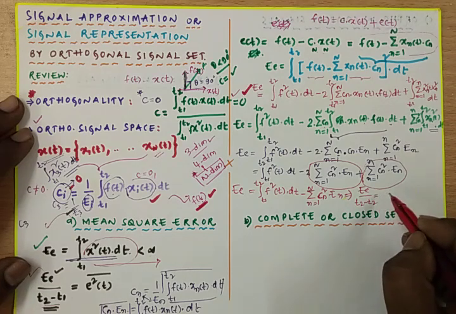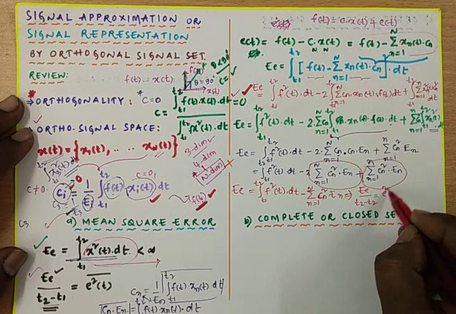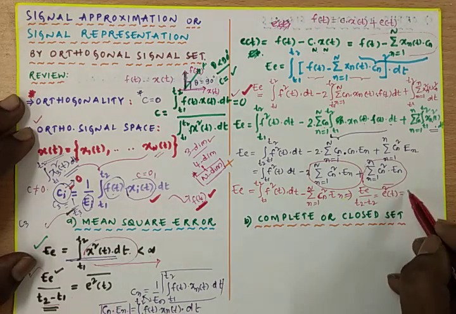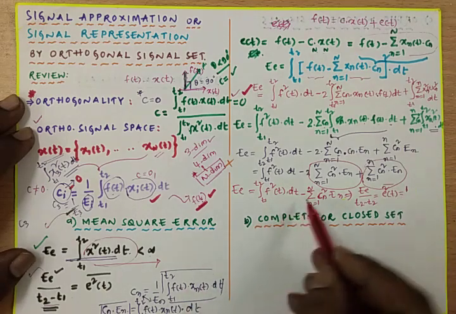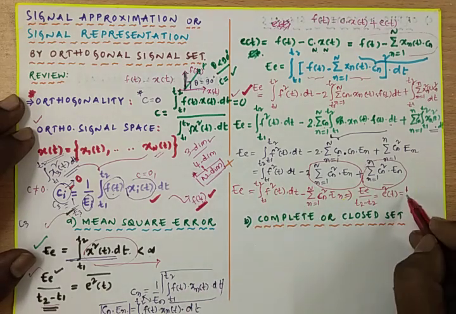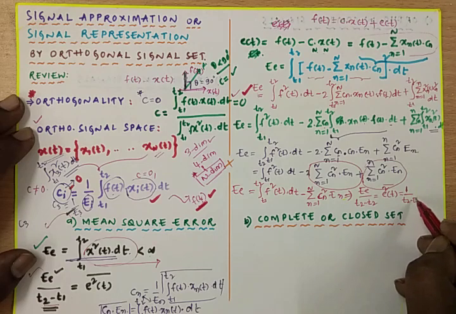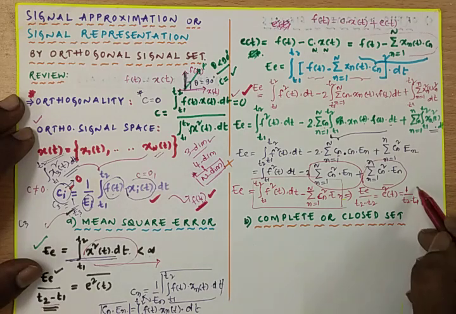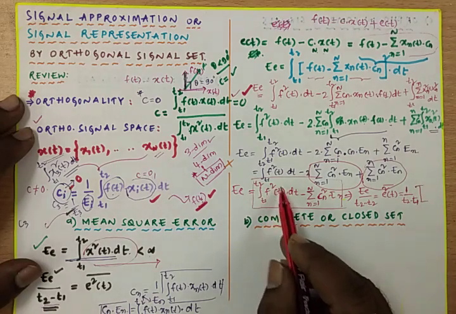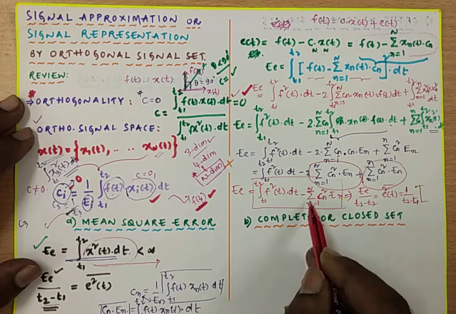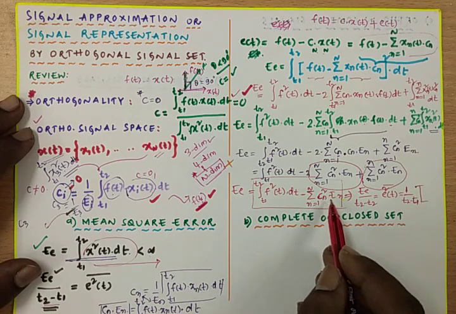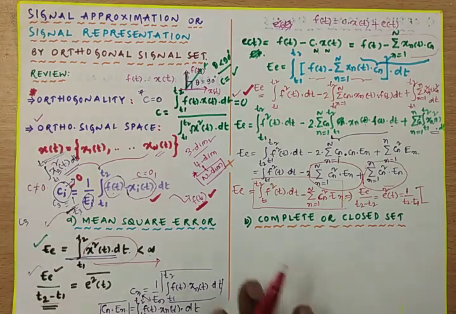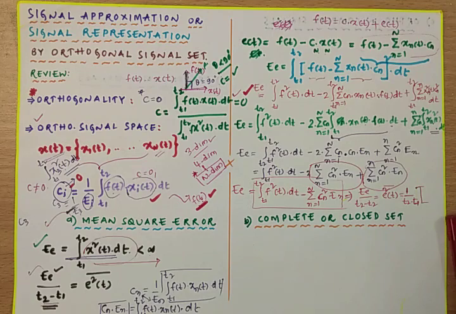It is denoted with small e square of t bar, equal to 1 by T2 minus T1 of this total part. Now the total part is the integral T1 to T2 of f square of t into dt minus sigma n equals 1 to N Cn square into En. This is nothing but the mean square error of that given error signal.